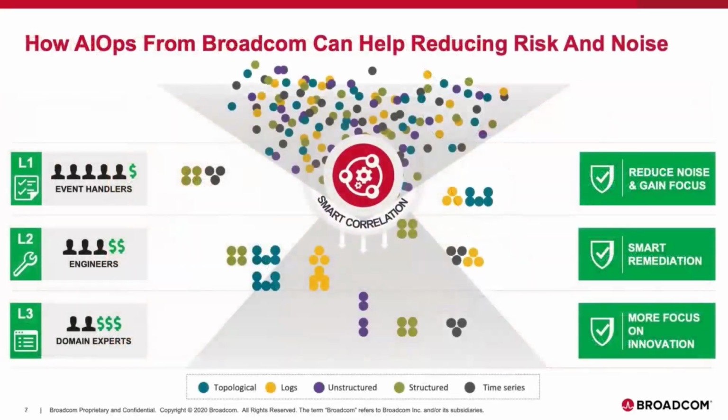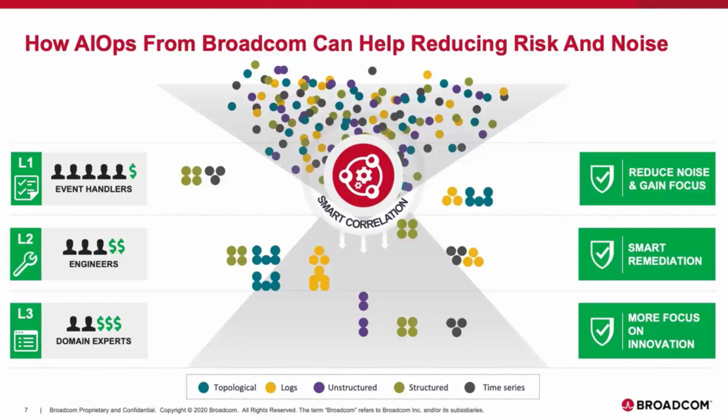So this is where Broadcom solutions come in. AIOps from Broadcom ingests structured and unstructured data from diverse IT monitoring tools, and it combines all that into a single data lake. The solution can get data from any third-party technologies, any platform from the mainframe to the cloud, and it supports a wide range of inputs like metrics, events, log files, topology, text, and APIs.